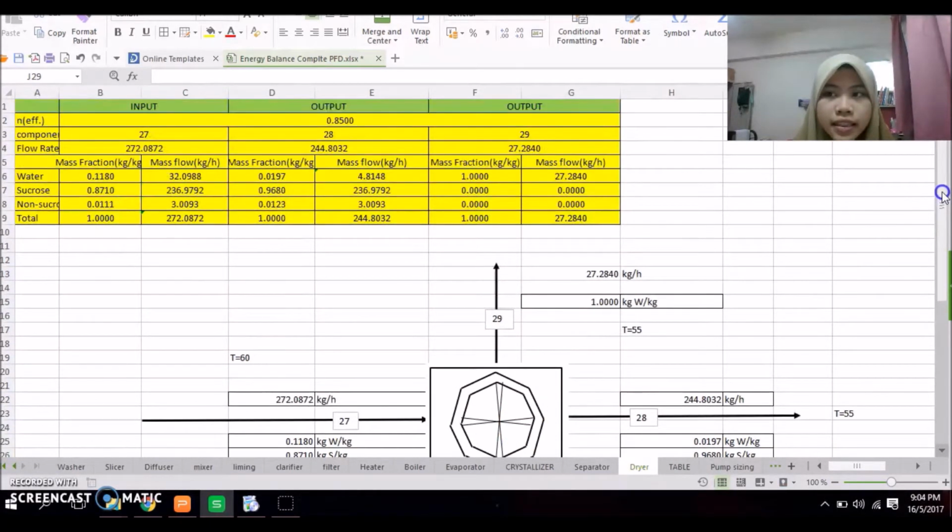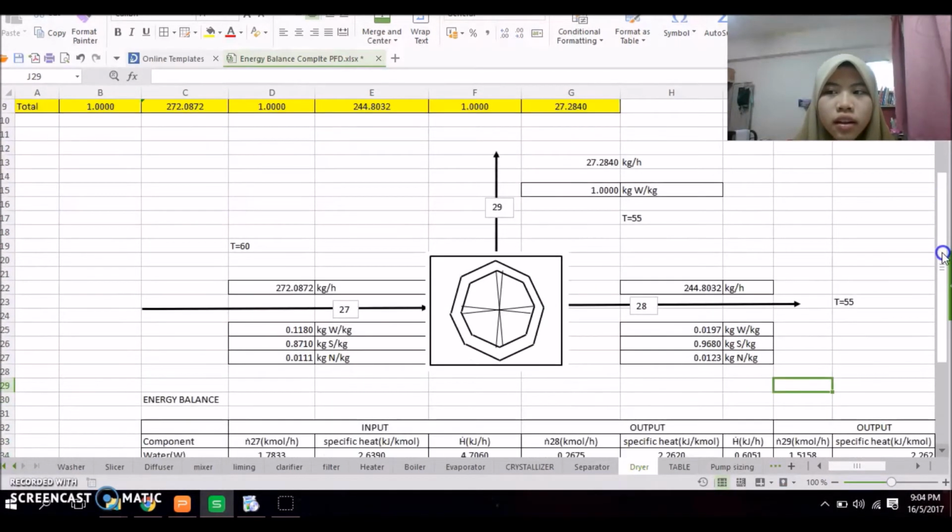We calculated the input as 272.0872 kilogram per hour, and the output as 244.8032 kg per hour. The temperature at the input is 60 degrees Celsius and the output is 55 degrees Celsius.